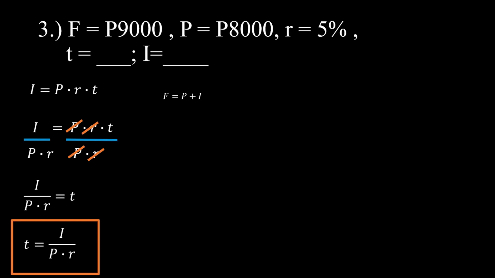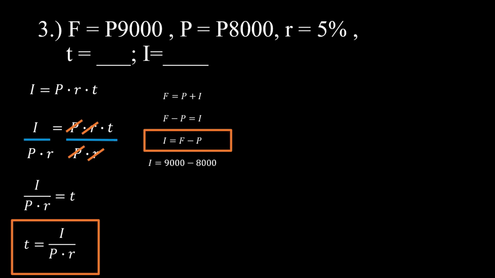F is equal to the principal plus interest. So I just have to rearrange this for us to derive the formula of interest. And then we have here interest is equal to the future value minus the principal.